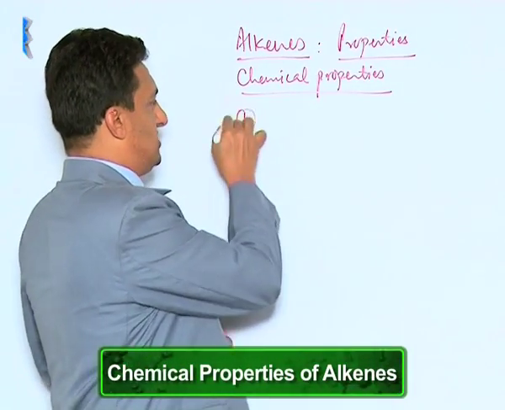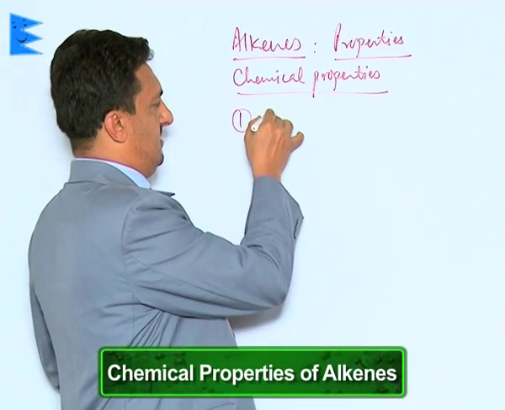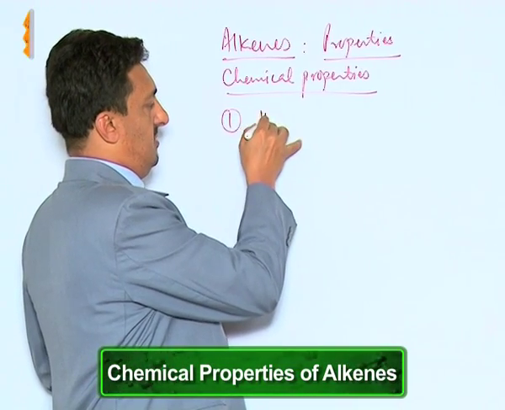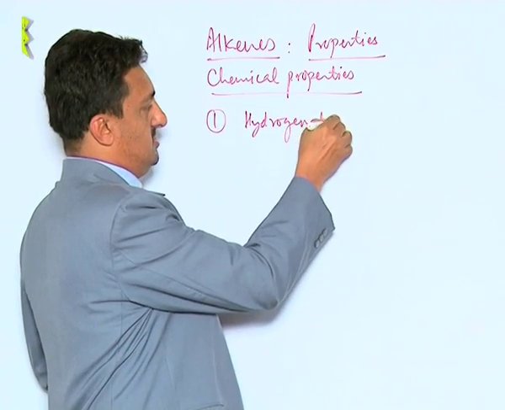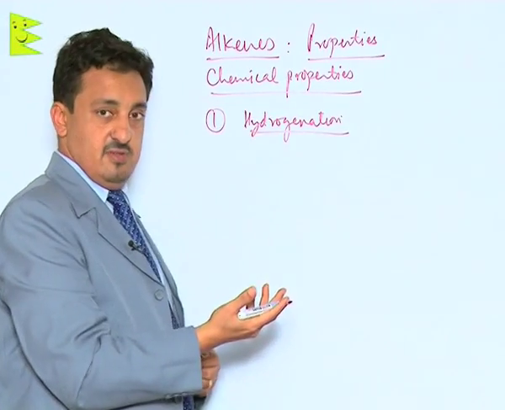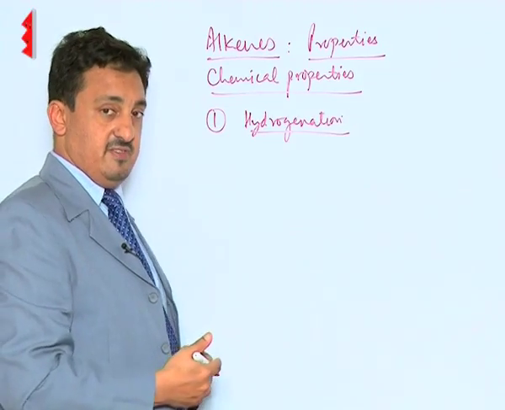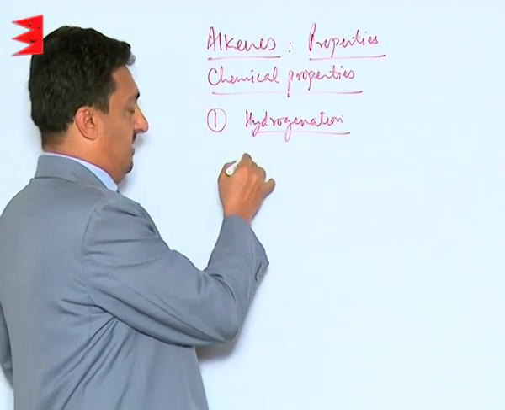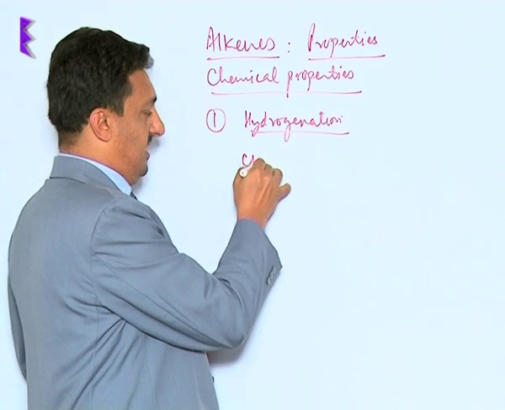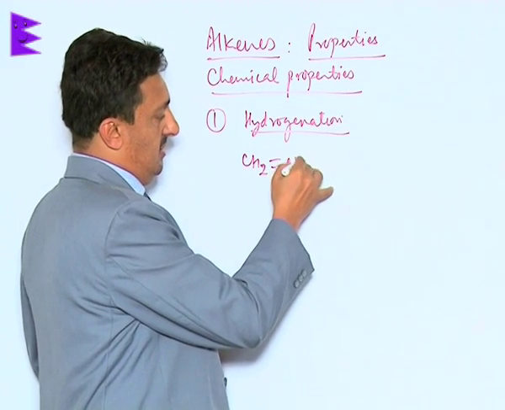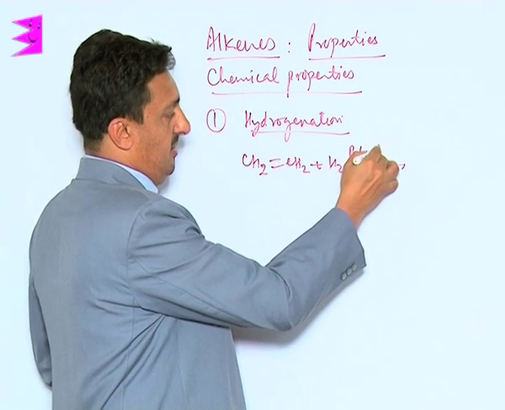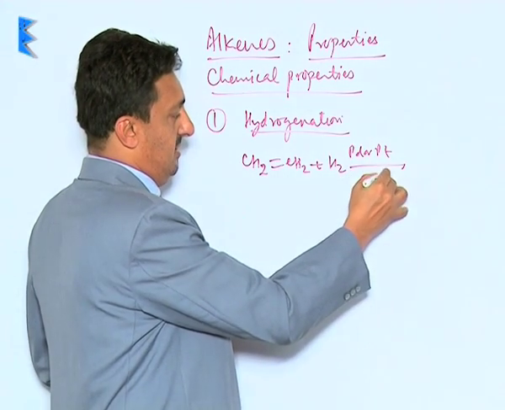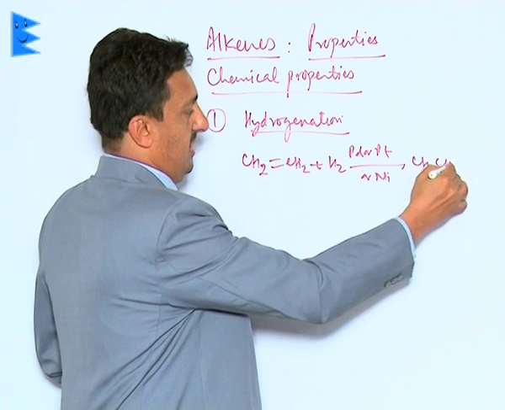The first reaction in the chemical properties is called hydrogenation. Yes, we can add hydrogen. This reaction we have done earlier in alkanes as a preparation method. We know that if we take any alkene, we can hydrogenate it by heating it in the presence of platinum or palladium or nickel, and it will give us an alkane.